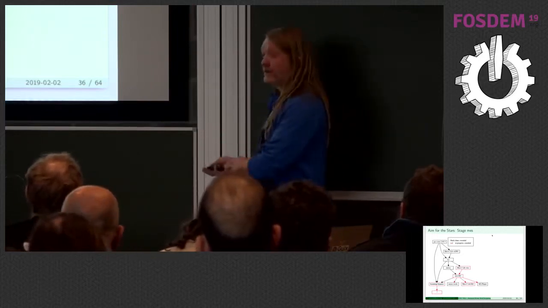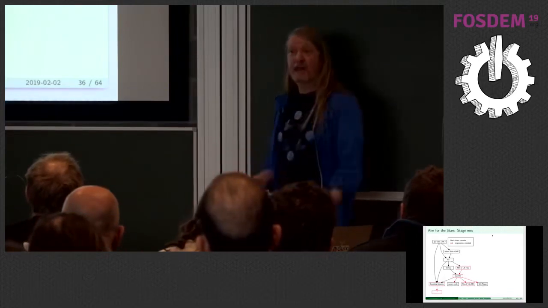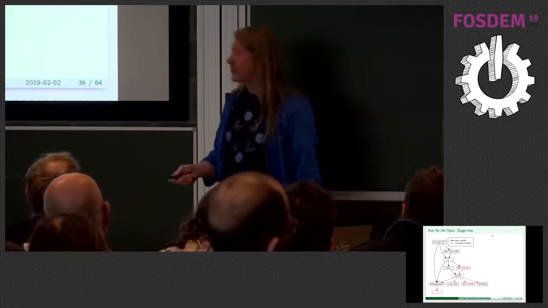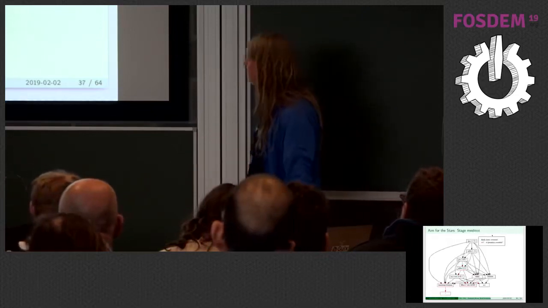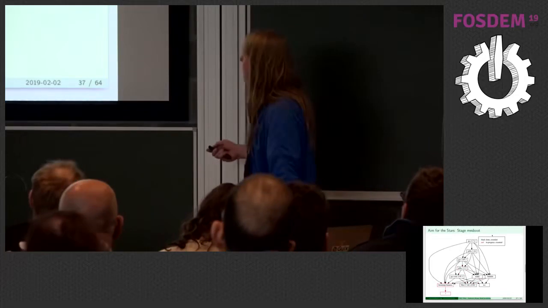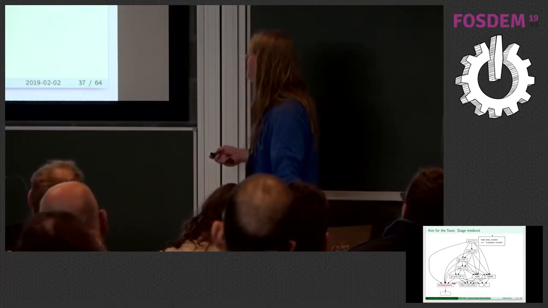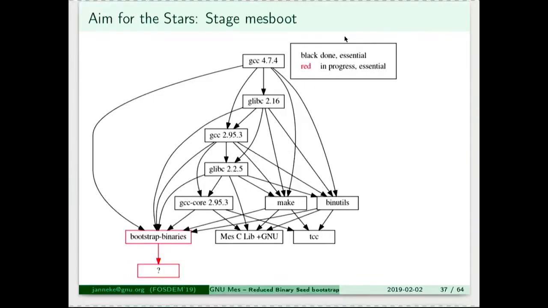The 130 megabytes that I showed you that we still have in the current reduced binary seed C bootstrap. So yeah, that's a question mark right there. And up from there, it's pretty much done. This is all scripted in Guix, ready to be merged in master. It works, and we have a GCC 4.7 compiler, which builds the rest of the system.